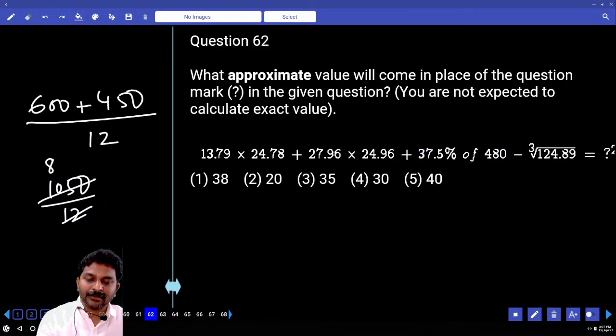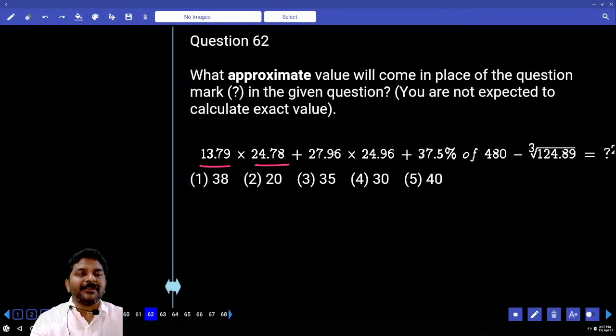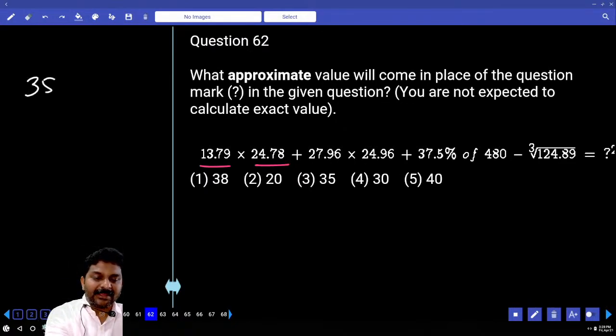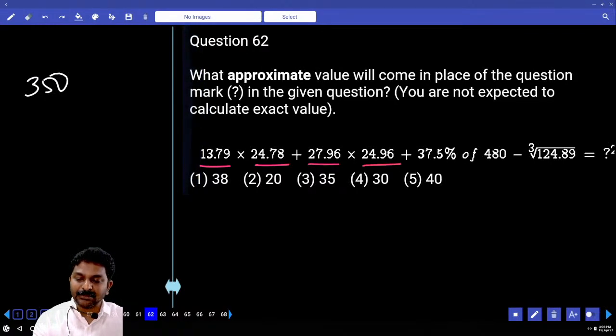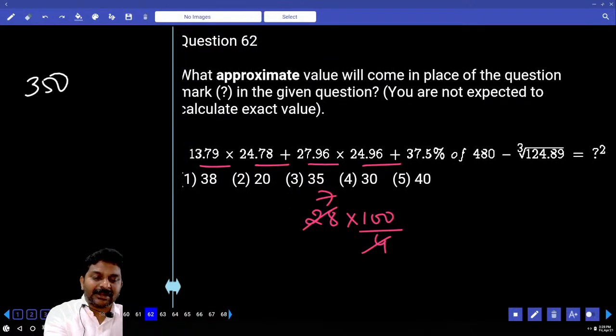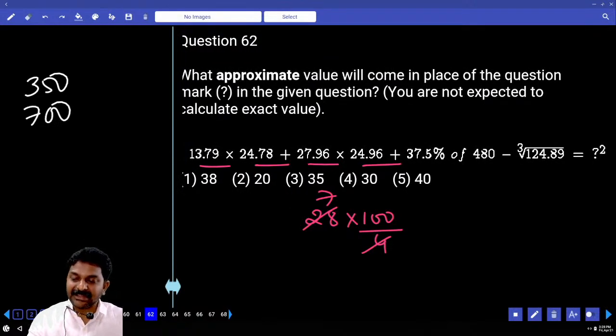Come on. 14 into 25. 14 20s, 280. 14 5 times, 70, 350. Next 28 into 25. Can I write 25 as 100 by 4? 4, 7 times into 100, 700. 37.5%.